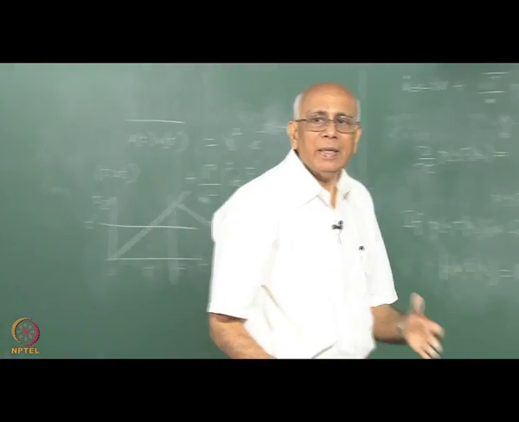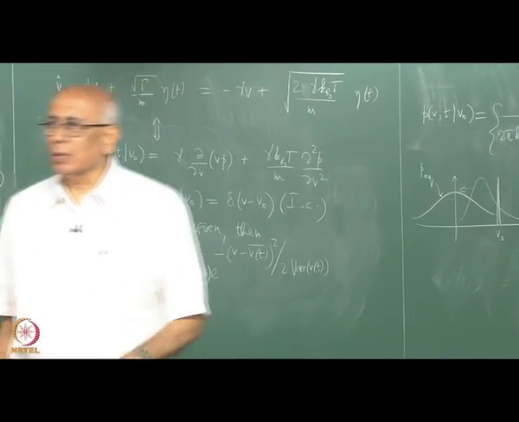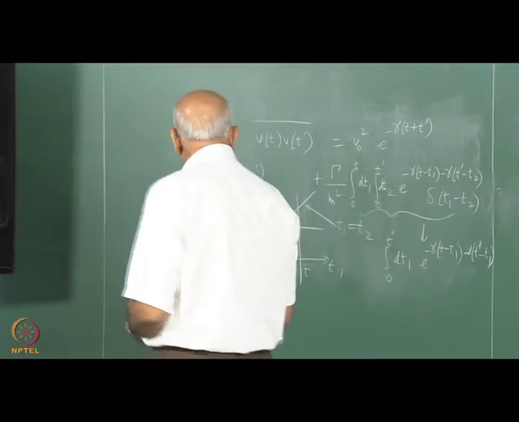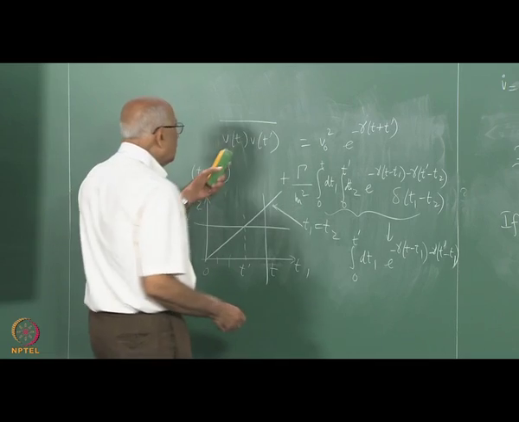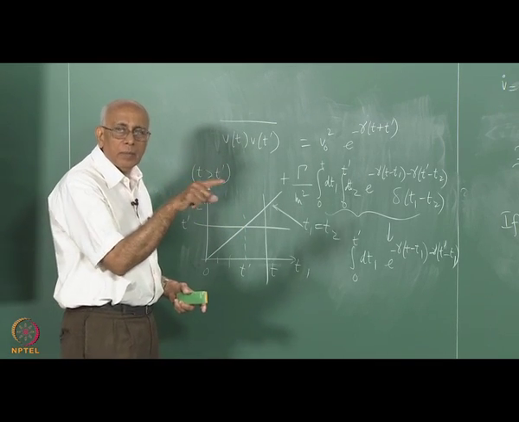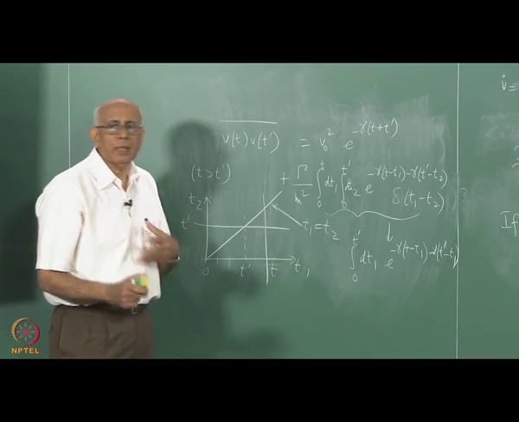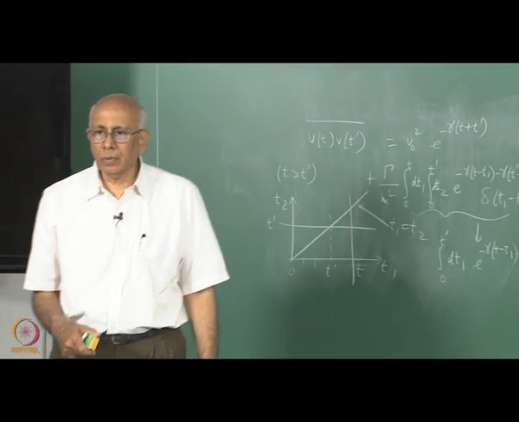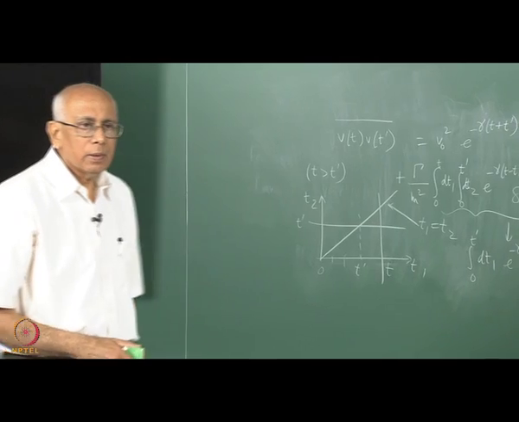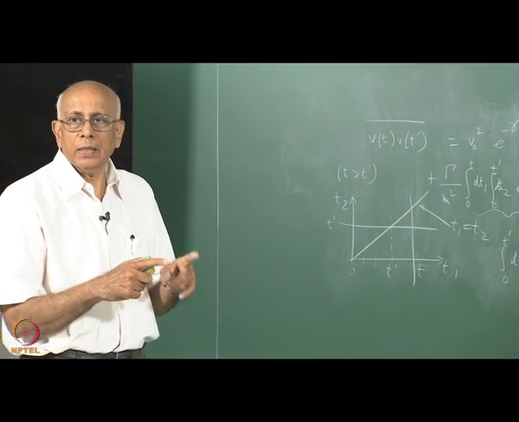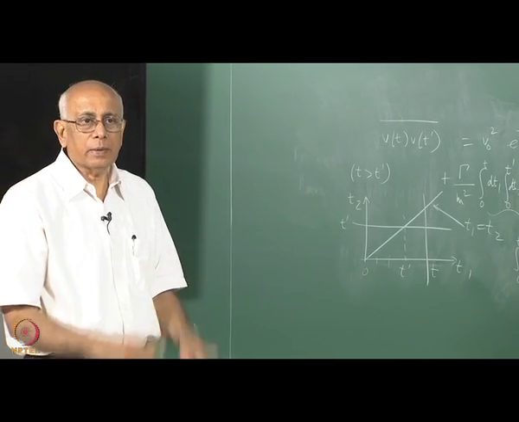You would expect mod t minus t prime. So show that this fellow reduces to e to the minus gamma times mod t minus t prime. It suffices to do it for t greater than t prime and then use this symmetry out here. And you will see therefore that the velocity is exponentially correlated. Okay.